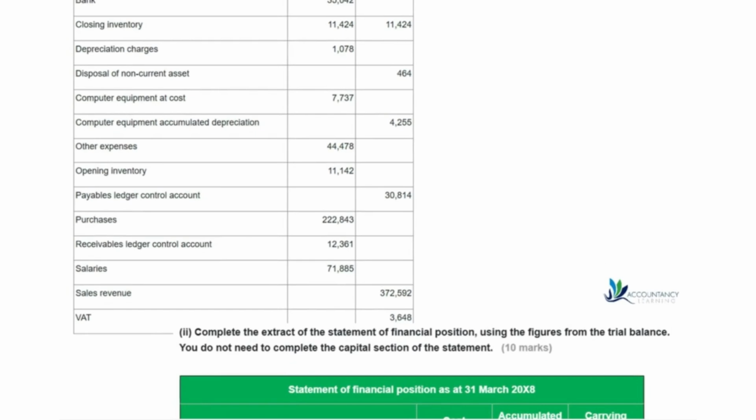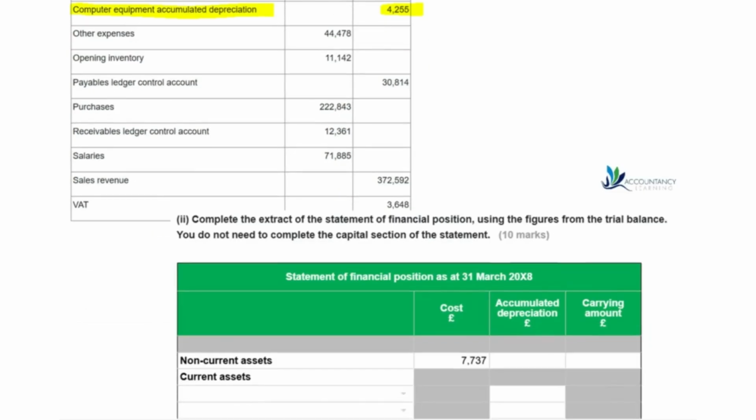So here we've got accumulated depreciation, 4,255. And when you find the difference between the cost and the accumulated depreciation, you get a carrying amount of 3,482. Now we need to look at our current assets.